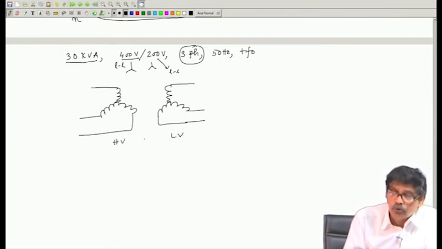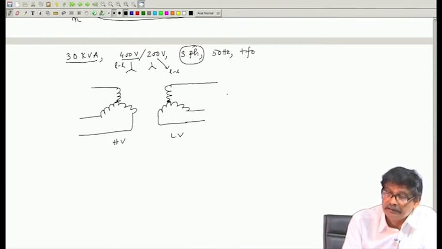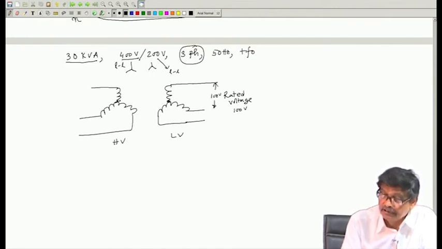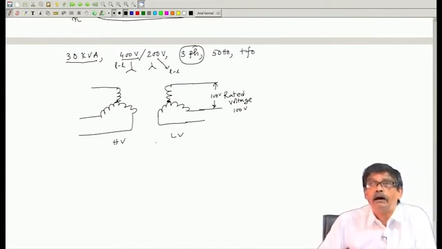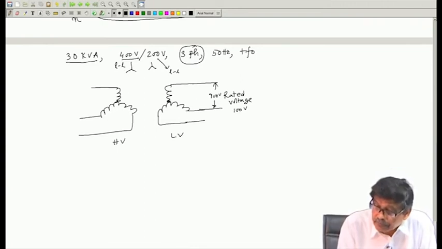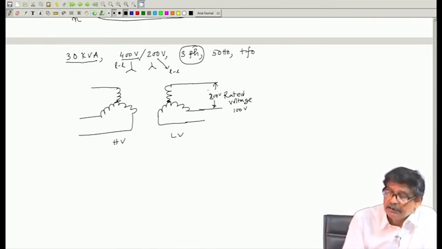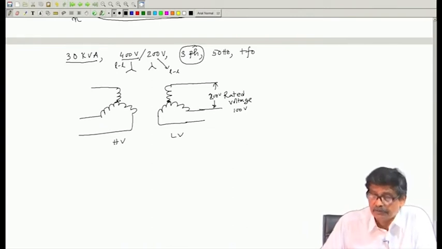Therefore, to carry out the no load test, I will apply rated voltage. What is the rated voltage? 200 volt. Where should it be applied? Between line to lines. See, that is what I am telling, this is line to line voltage. So, it does not tell you the 200 volt. You apply rated voltage and 200 volt is the line to line voltage.